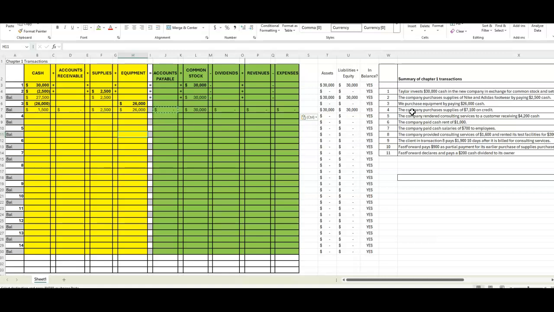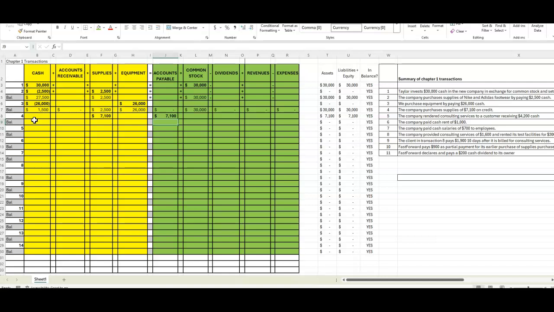Number 4, we purchased supplies of $7,100 on credit. So supplies went up again, and we didn't pay for it, so cash didn't go up, but liabilities went up. We owed money for this. We purchased it on credit. So accounts payable is our liability. That's the one we have, and that would make sense.